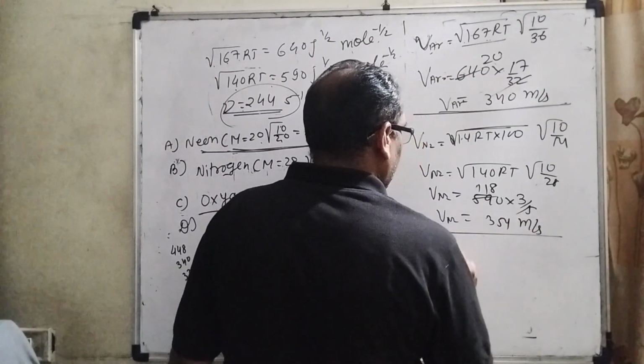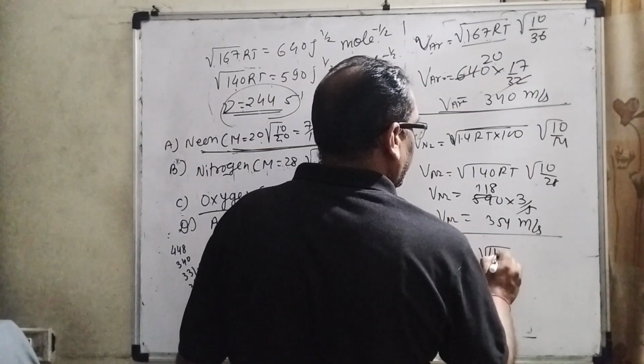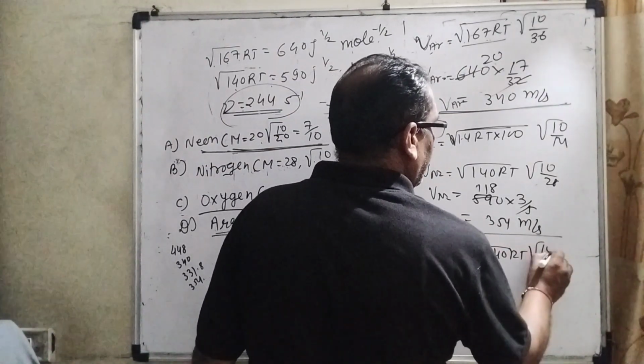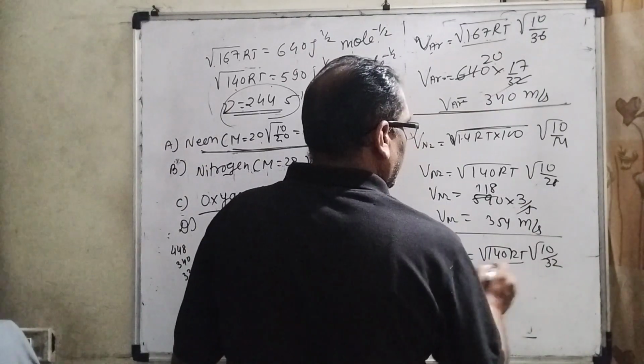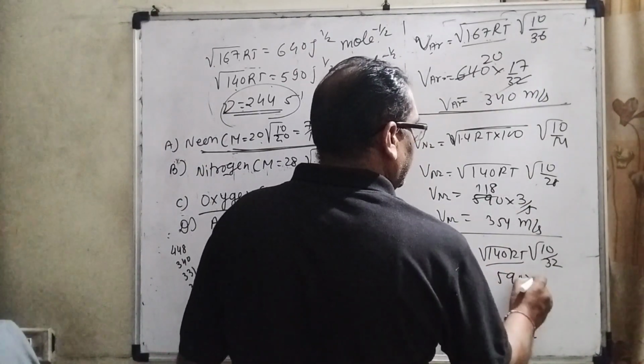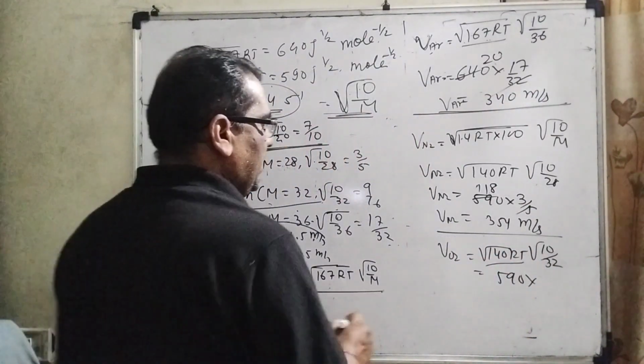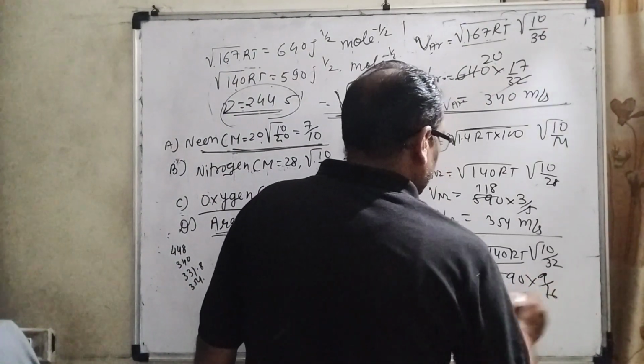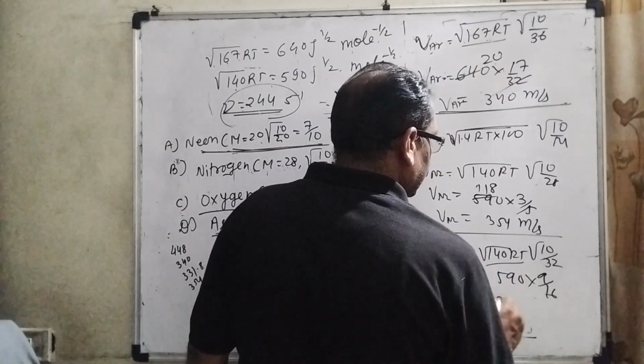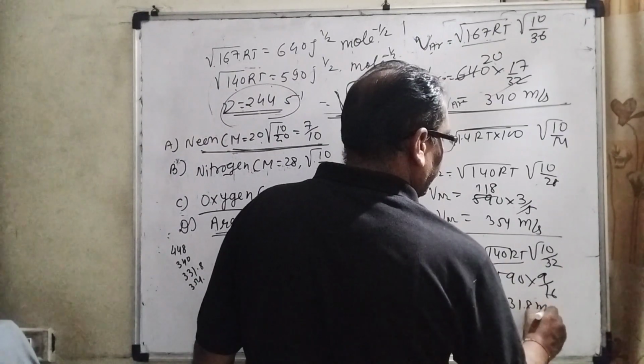Now last, for oxygen, 140 RT and 10 by 32. The value is 590 times 9 by 16, so approximately 331.8 meter per second.